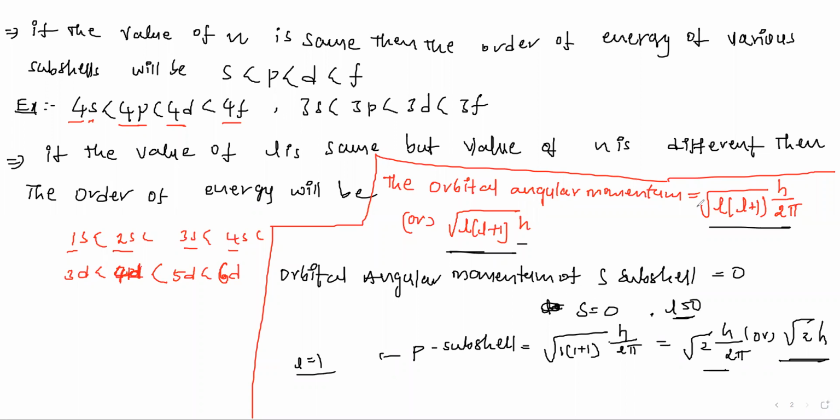This is the formula to calculate the angular momentum of an orbital subshell. Either one we can take. I am removing this one.